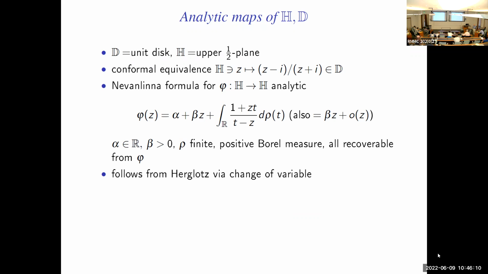Let's say that beta is strictly bigger than 1 for the moment. Then you take an arbitrary point z, say with imaginary part equal to 5. You apply phi of z, you get an imaginary part which is greater than 5 beta. You apply it one more time, you get 5 beta squared, then 5 beta cubed. It just goes off to infinity.